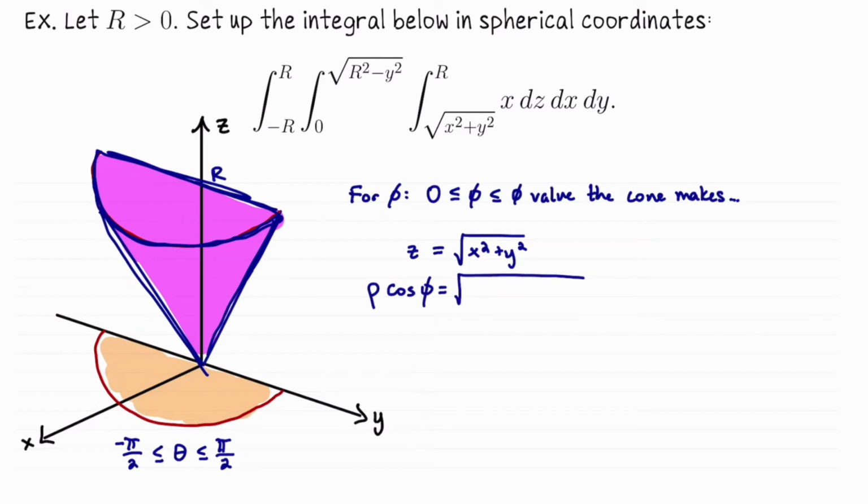I will do the whole x squared plus y squared computation in full detail, but that's something that you might kind of know about spherical coordinates once you've done it a couple times. X squared in spherical coordinates is rho squared cosine squared theta sine squared phi, like that, plus y squared is going to be rho squared sine squared theta sine squared phi.